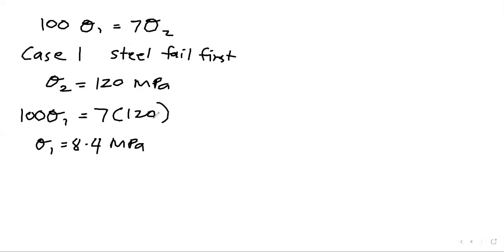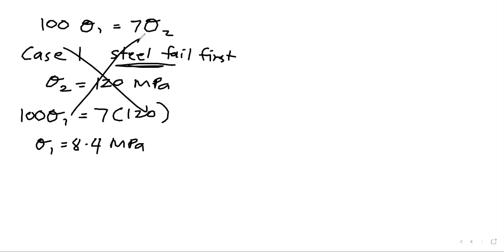So, ibig sabihin, nag-fail din yung concrete. Pag nag-fail yung steel natin, pati yung concrete nag-fail, which is ayaw natin mangyari. So, itong case 1, mali siya. Hindi siya dapat mangyari. Okay, hindi dapat umabot sa 120 megapascal yung steel natin.